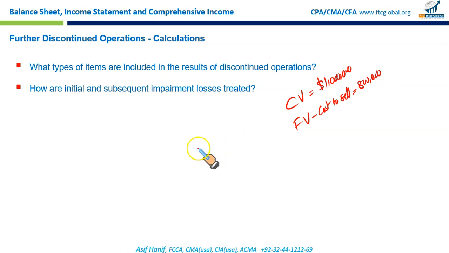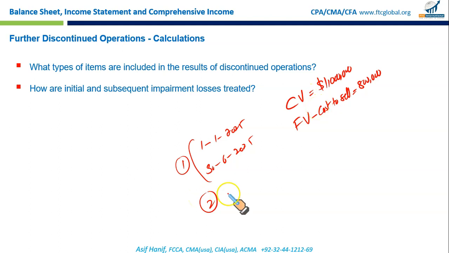So then there are three types of items to be reported. First, it might have continued operating from 1st of January 2025 to maybe 30th of June 2025, let's say. So the result of these 6 months, the normal operating result of this electronic division up to the point of disposal. This is the first part, result of operations. Second, the gain or loss on disposal. When you sell these assets, either there is going to be a gain or a loss on disposal.